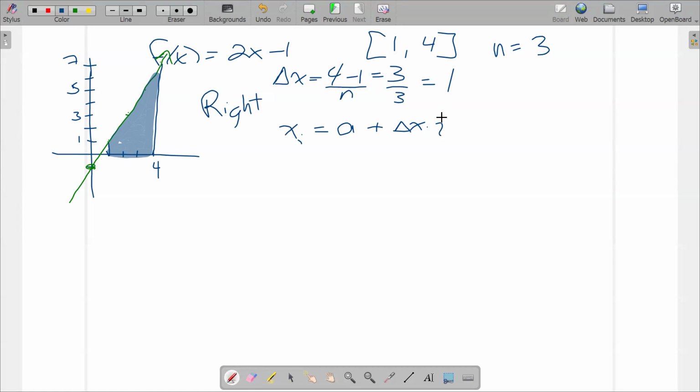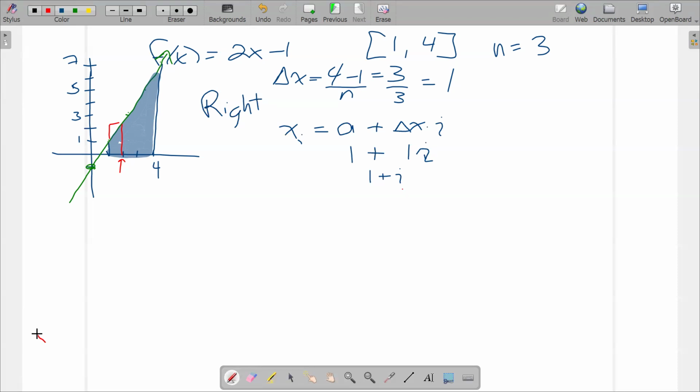Our starting value here is 1, and our delta x is 1, so we just get 1 plus i for our xi's. Let's see if that makes sense. If I'm doing right-hand endpoints, then my first rectangle is going to be evaluated at 2. If I plug in i equals 1 here, I get the x value 2.